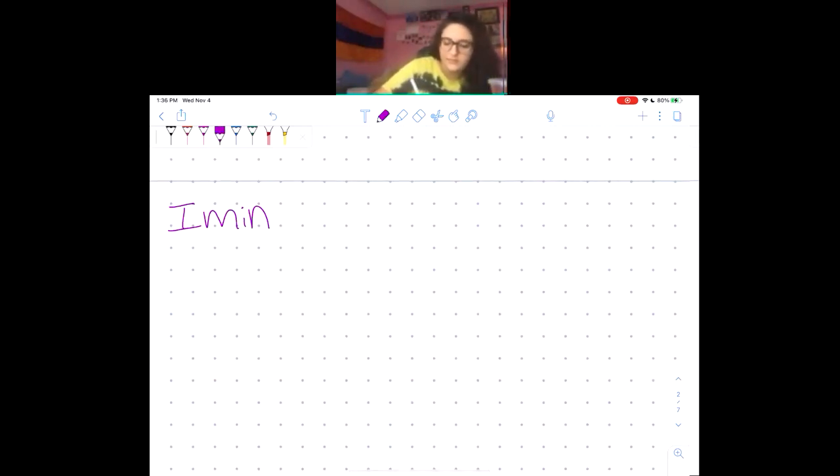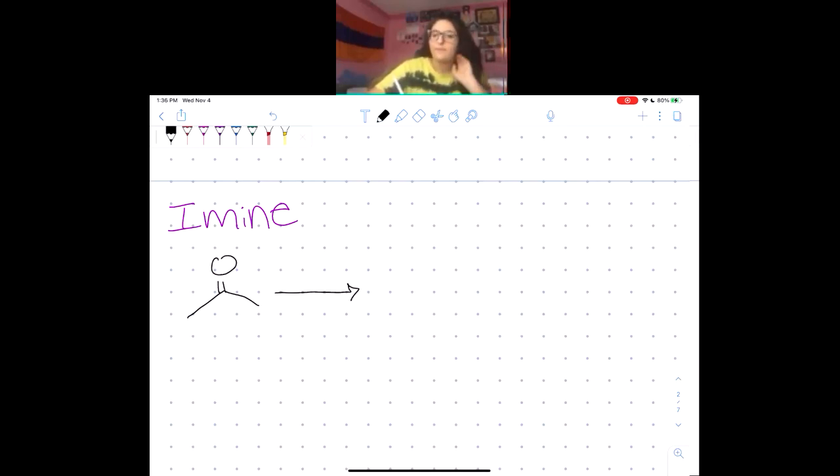So Amine reaction is still going to start with a ketone. And we're still going to do acid and base catalyst for this one. Does anyone have any idea what our reagent will be?